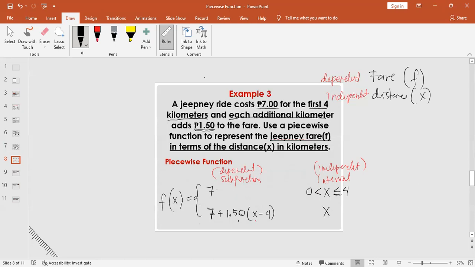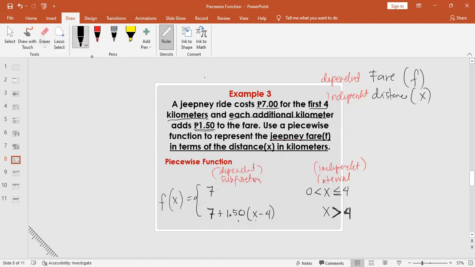We will use this second subfunction if the number of kilometers is already more than 4 kilometers. So we will write here x is greater than 4. Okay? Pag mas mataas na sa 4 kilometers, ito na yung subfunction natin. Okay?